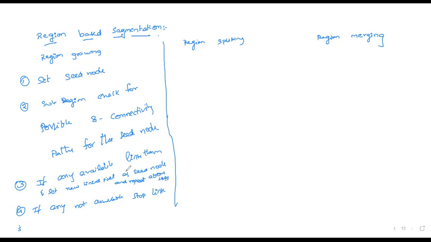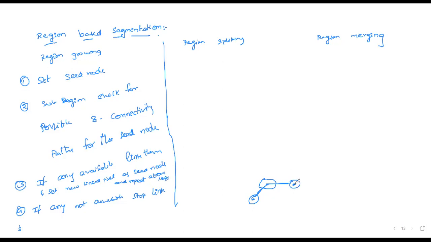Okay. Repeat above steps means, suppose consider one pixel. This is the seed node. So with 8 connectivity, I get one pixel like this. Here 8 connectivity, here 8 connectivity, 2 regions I got. So I am combining these two. Now these are seed nodes.